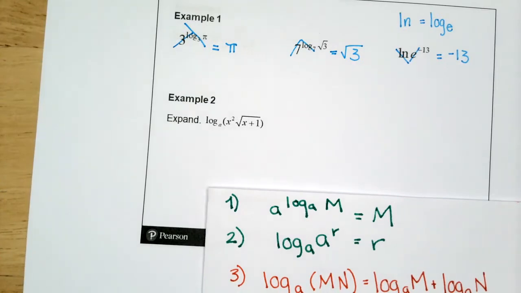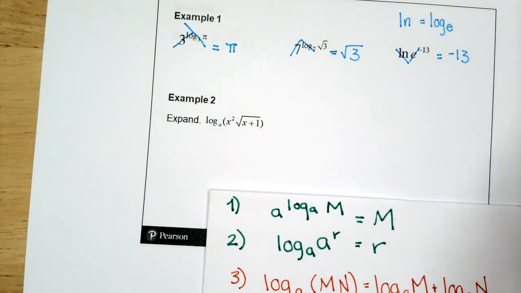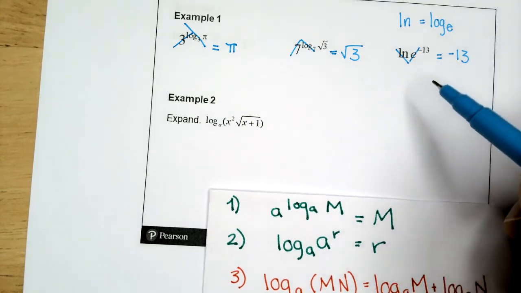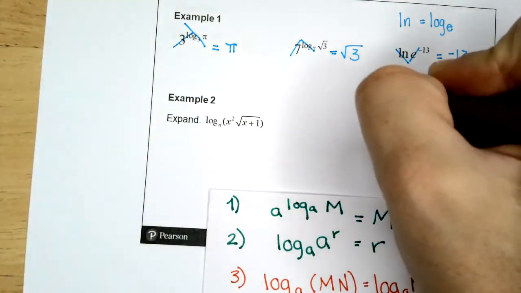Remember, this is true because taking the log of a number when that same number is the base will always equal 1. All right, so let's look at an example.